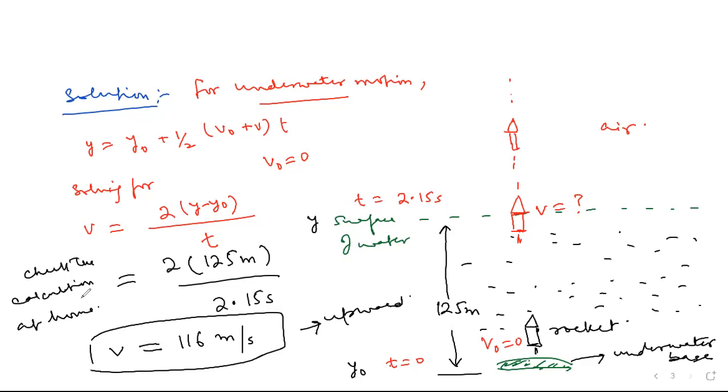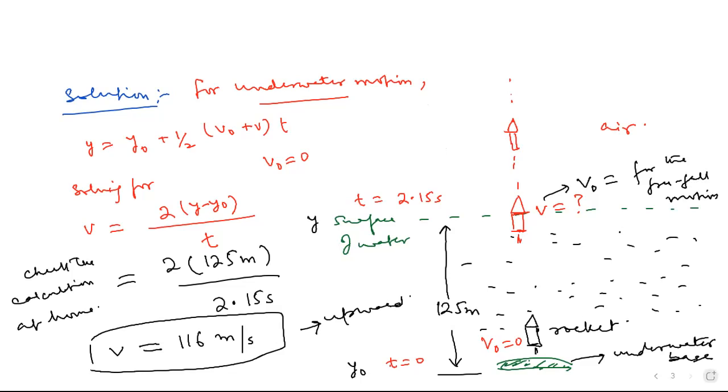Now this velocity will become the initial velocity for the free fall portion of the upward motion. Taking this velocity to be the initial velocity v naught for the free fall motion, right, in order to find its maximum height.